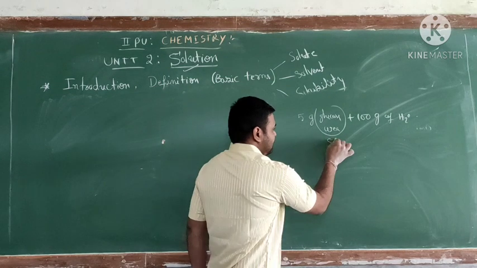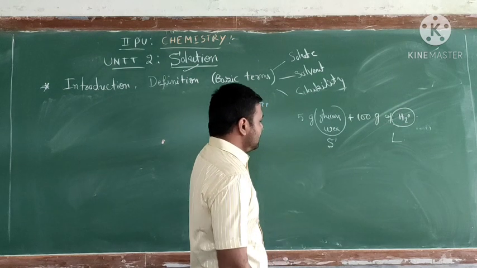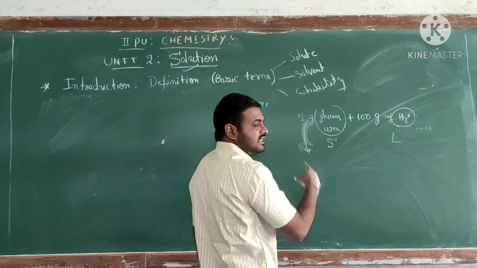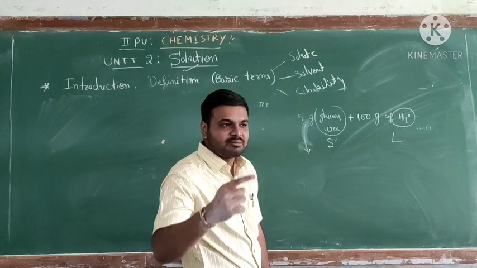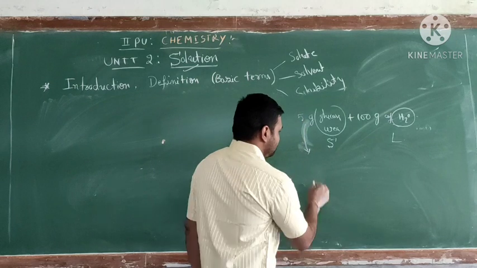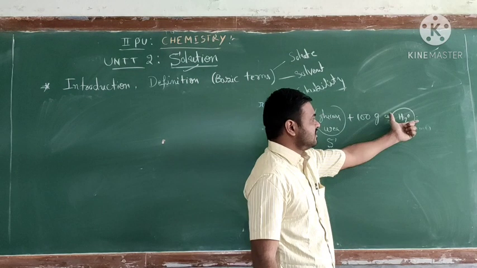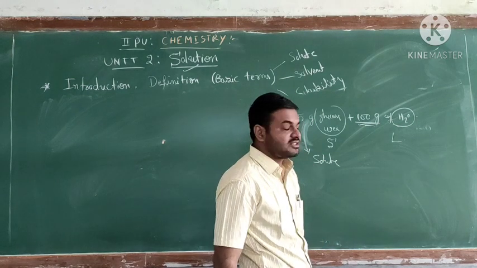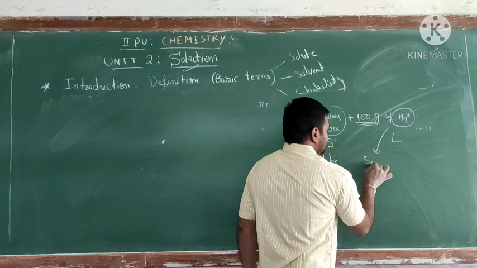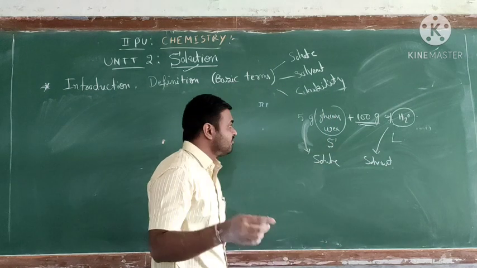Solid, right? This is liquid. The smaller portion we call as what? Solute. This is larger, the value is 100 gram. This is a larger quantity, so it is called what? Solvent.